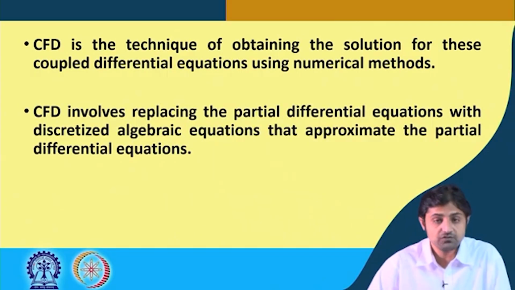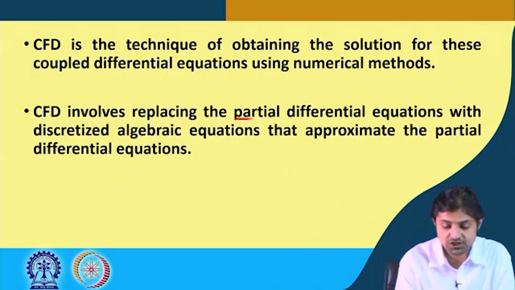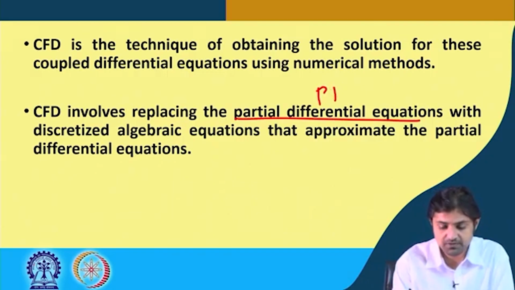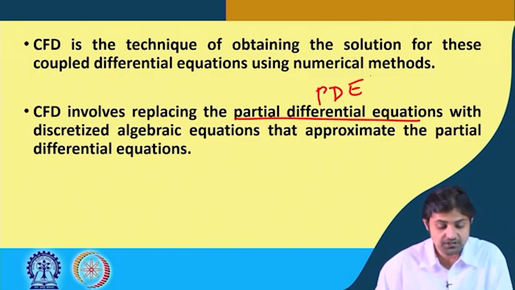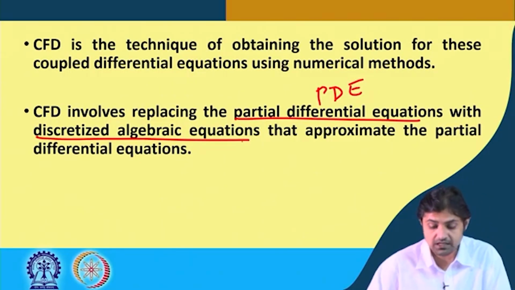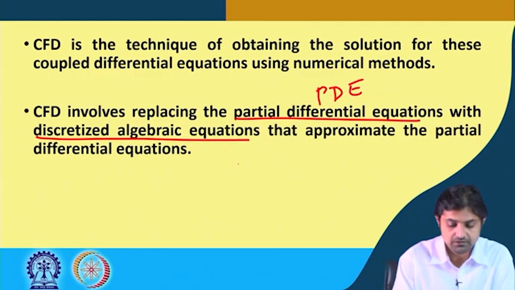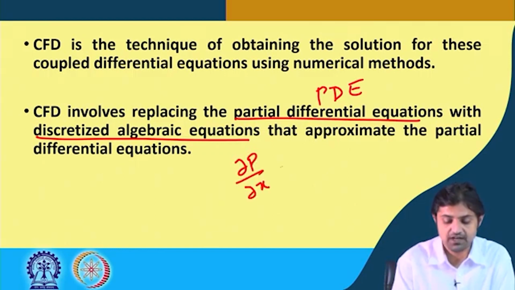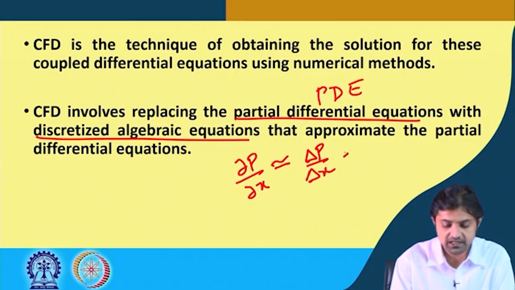So, CFD involves replacing the partial differential equation, that is PDE, with a discretized algebraic equation, okay, that approximates the partial differential equation. For example, if there is dp by dx, we have to replace it with, for example, delta p by delta x, or P2 minus P1 divided by something like that.